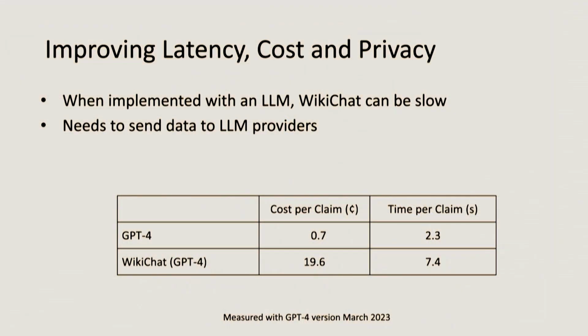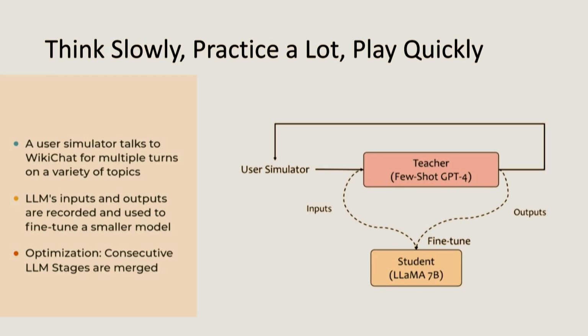So what we did, again, in the paper there's more details if you're interested, but the general idea is that we generate a few thousand conversations with WikiChat based on, let's say, GPT-4 as a teacher model. And we record its inputs and outputs for each stage of the pipeline that I showed you.